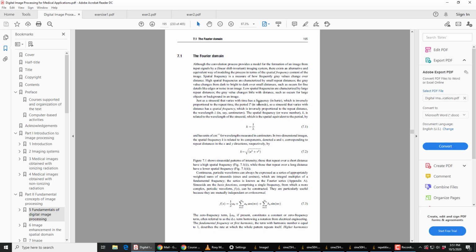Now, previously, we think of frequency for signals whose amplitude or intensity, which is the square of the amplitude, changes with time.